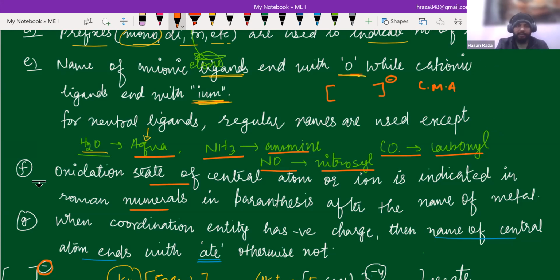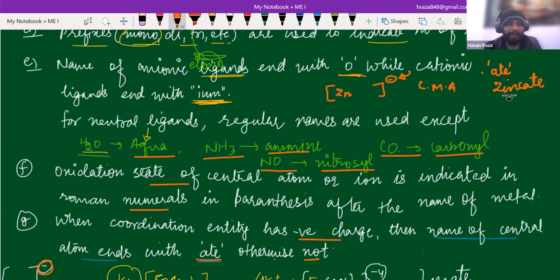Are you getting my point? When a coordination entity has a negative charge, the name of the central metal atom ends with ate, otherwise not. Like zinc: if you have a negative charge on the central metal atom, then the name of zinc will be zincate.